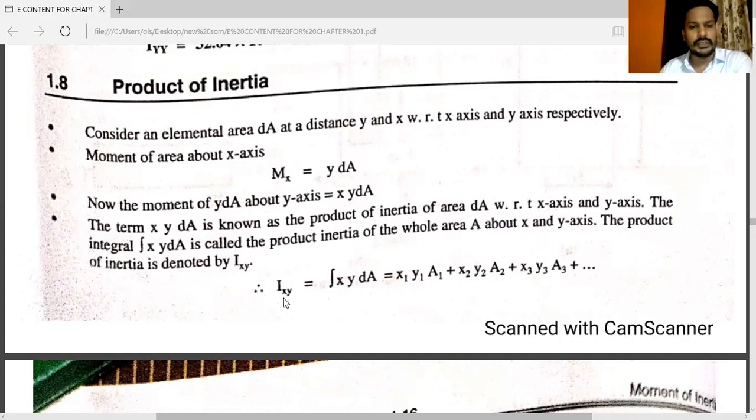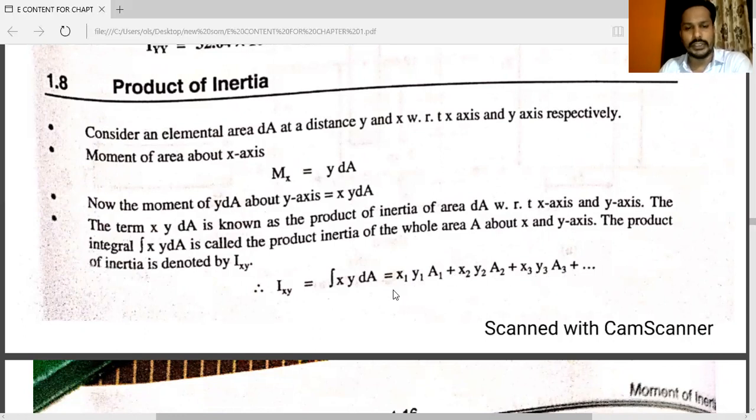The formula is Ixy is equal to integration of x into y into dA, is equal to x1 into y1 into a1 plus x2 into y2 into a2 plus x3 y3 a3 plus so on.